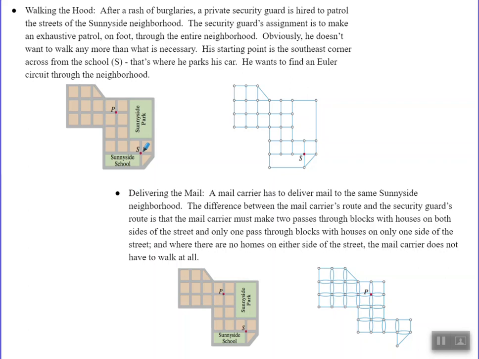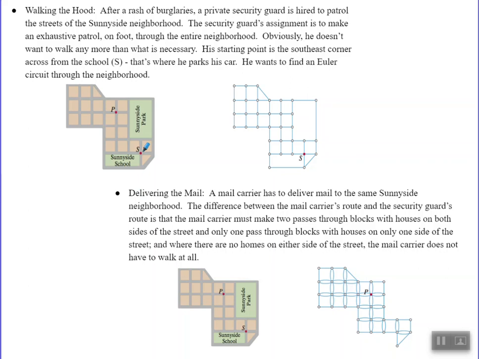And he wants to find an Euler circuit through the neighborhood. So you can redraw all of the roads as edges, all of the intersections are vertices. And he needs to walk along each edge exactly once and get back to his car. That's what he wants to figure out.